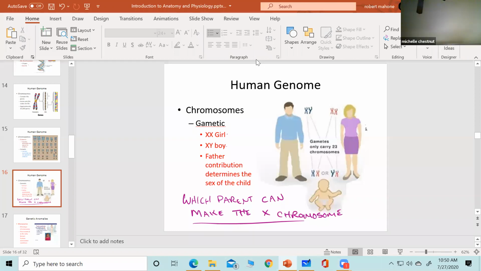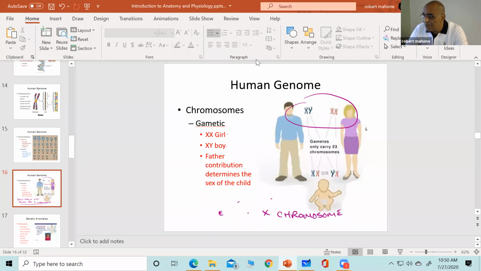Both, right? Both. That's why it's a trick question. Only the male can make the Y chromosome, but both parents make the X chromosome. Okay. So XX girl, XY boy, the father determines the sex of the child. Only the male can make the Y chromosome, but both parents can make the X chromosome.